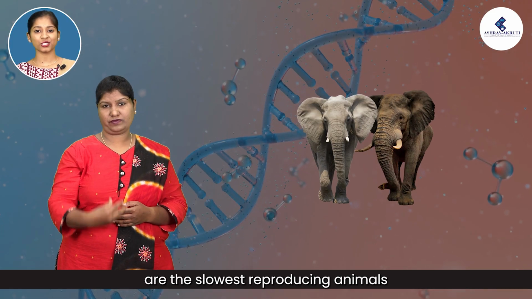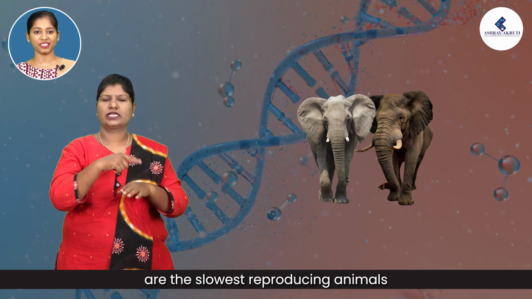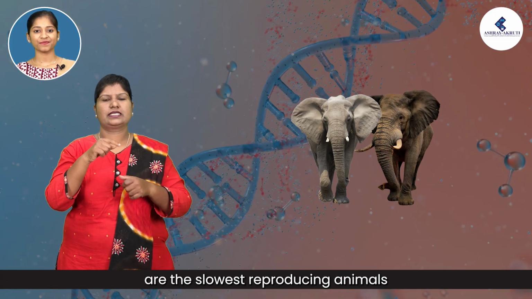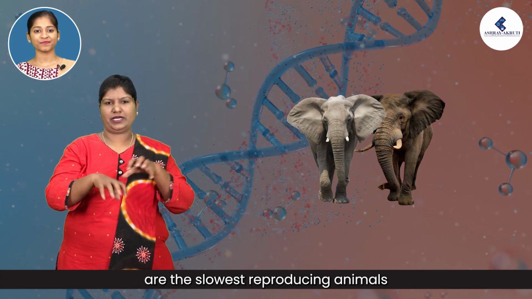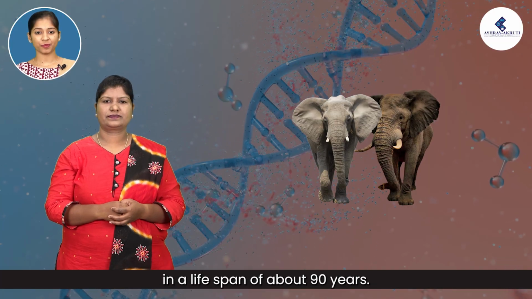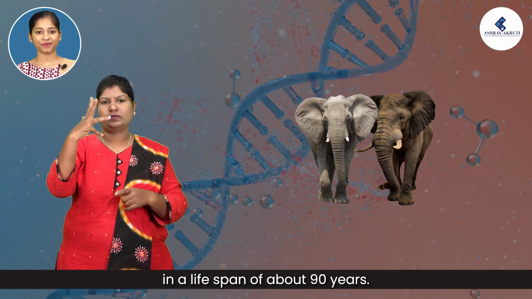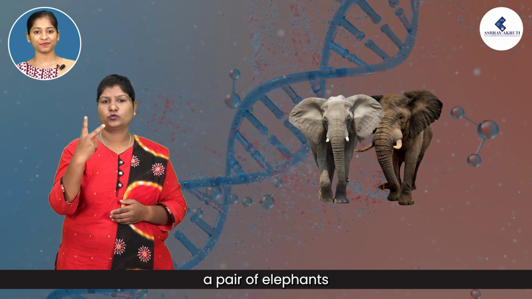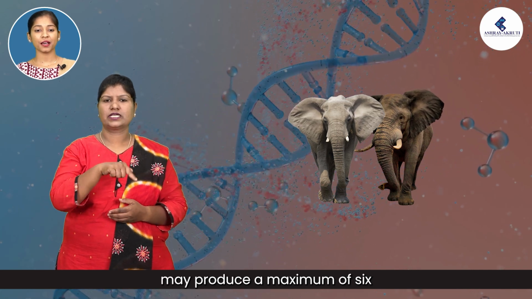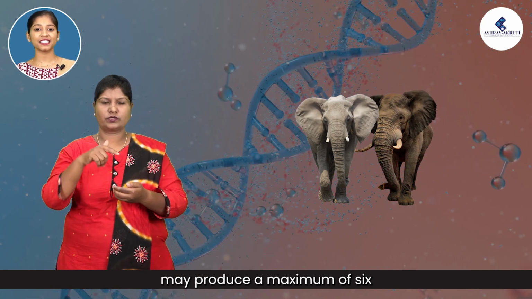Elephants are the slowest reproducing animals. In a lifespan of about 90 years, a pair of elephants may produce a maximum of 6 young ones.